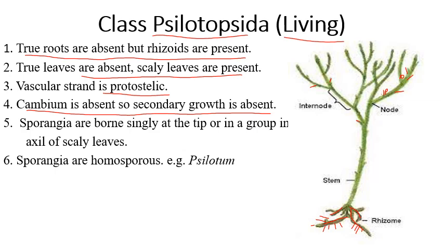Actually in this diagram these are not clear, but a few diagrams you can see in the next few slides. Such reproductive structures are called synangia in plural, and synangium is singular. Sporangia are homosporous, so this is also a homosporous pteridophyte.